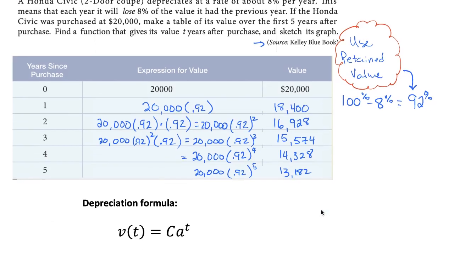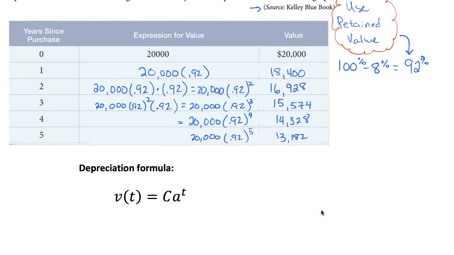So now we're going to come up with a depreciation formula and talk about what each one of these things is. Okay, so take a moment, pause the video, and write down this depreciation formula. Leave some space around it so we can point at the variables and talk about what each one of them are. Okay, so the V stands for value over time, or value dependent on time.